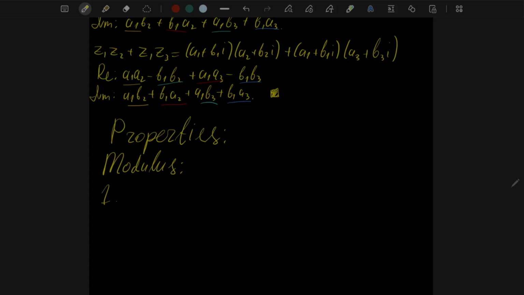It can be directly proven from the definition, because we defined it in the polar form. So the absolute value of a multiplication of complex numbers is the multiplication of their respective absolute values.